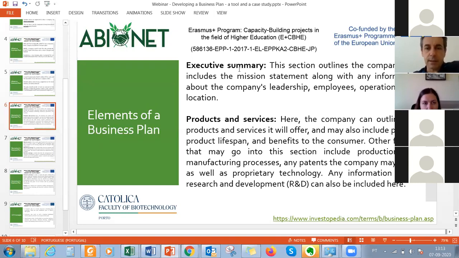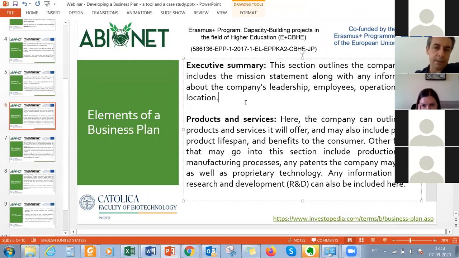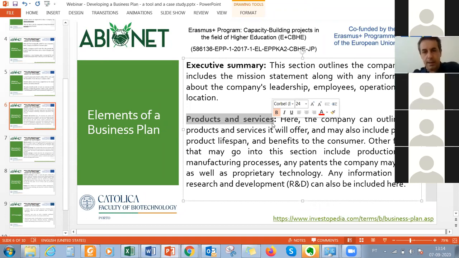So yes, there's an executive summary that in the end they have to write down, a one-page summary of the document. So there's content about the product or the service the student wants to plan as a business.